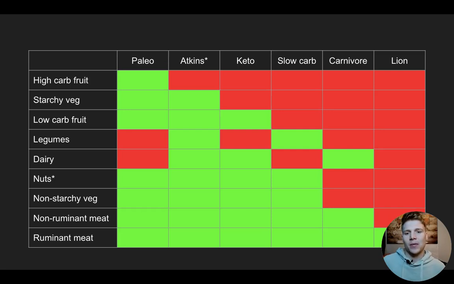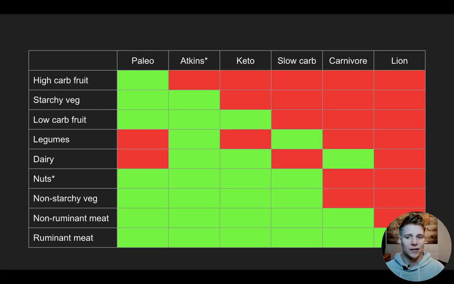Looking at this, the least restrictive low carb diet is actually the Atkins diet by the looks of it, because the only thing you can't have there is high carb fruit, but you do start with very low carbohydrates anyway. I've got the asterisks there because there are, I believe, different stages of the Atkins diet.